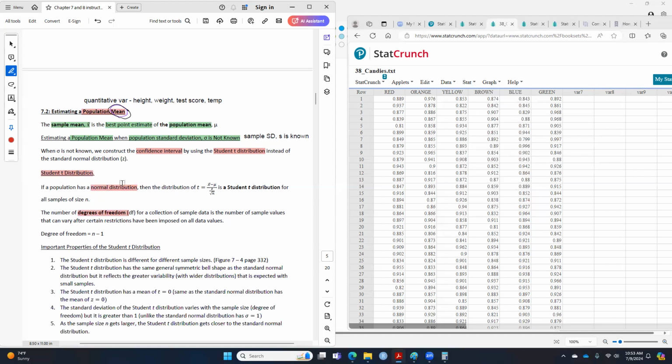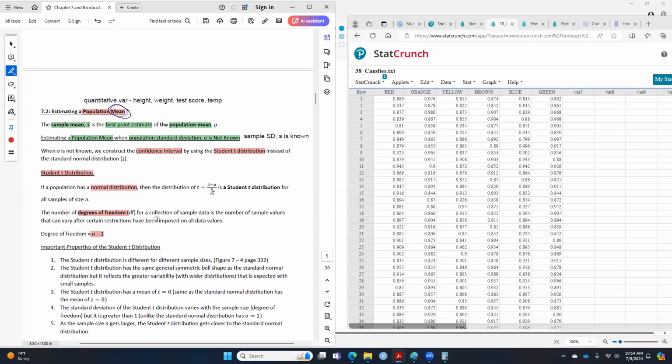But it depends on one thing: degree of freedom. Degree of freedom is the number of sample values that can be varied after certain restrictions have been imposed on all the data values. The formula to find the degree of freedom for the T distribution is n-1.